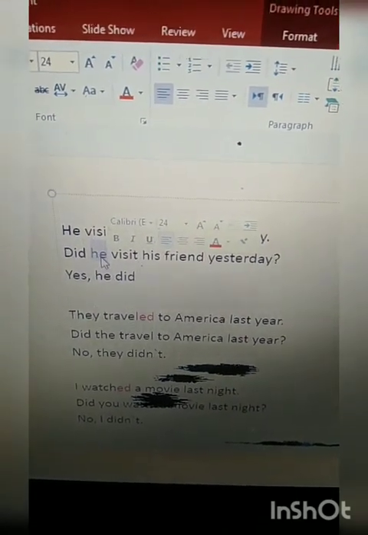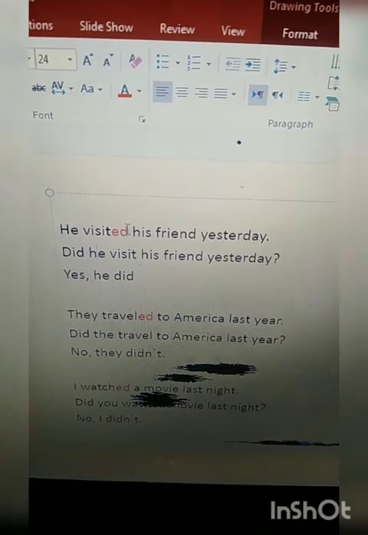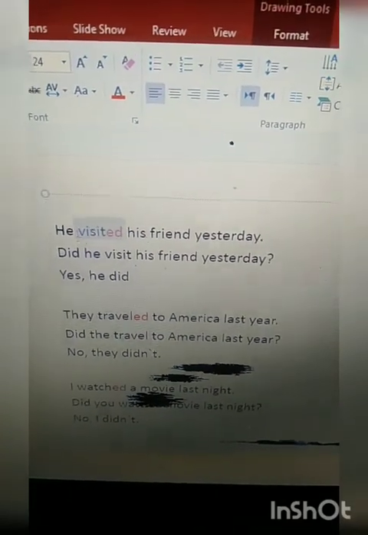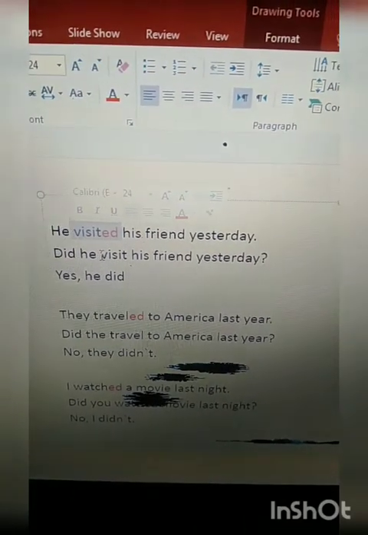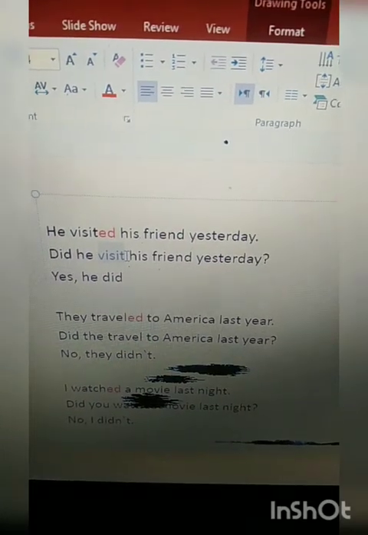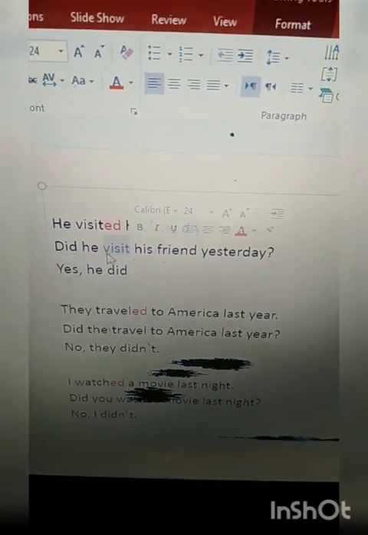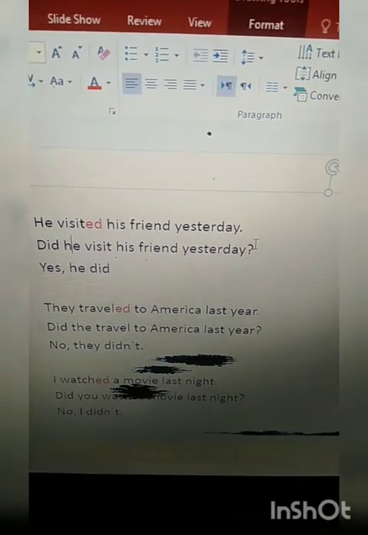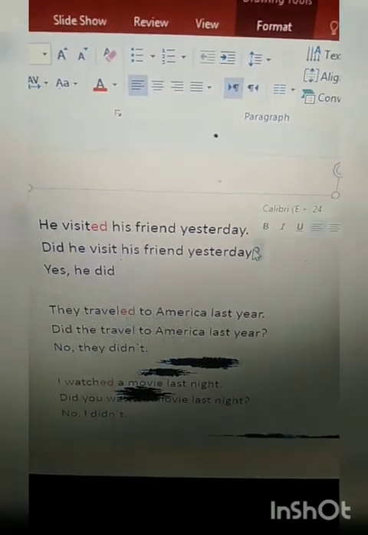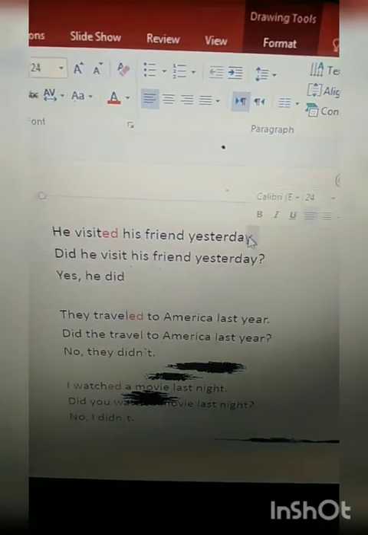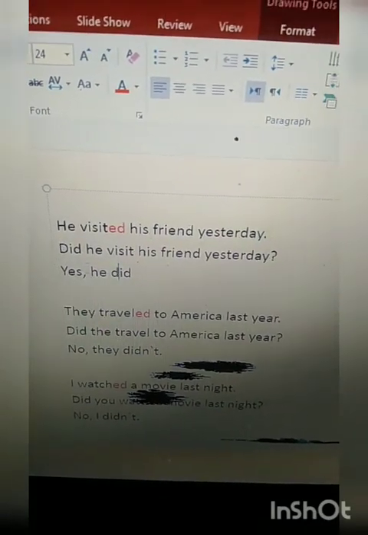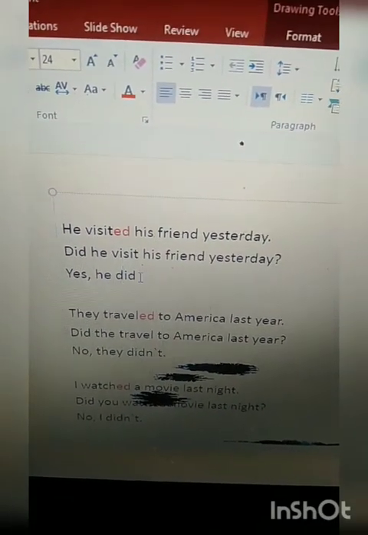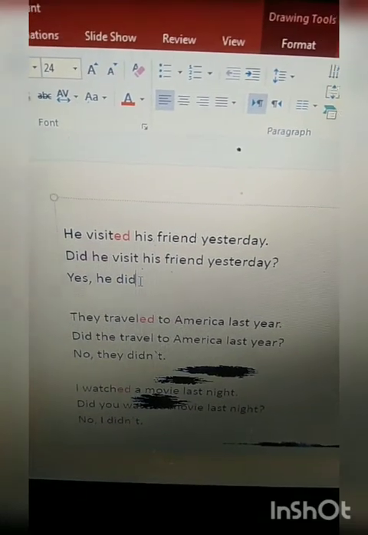The second step, we change the verb from the past form to the base form. Visited becomes visit. Did he visit his friend yesterday? Here we have a question mark instead of the full stop. The answer is yes, he did, or no, he didn't.